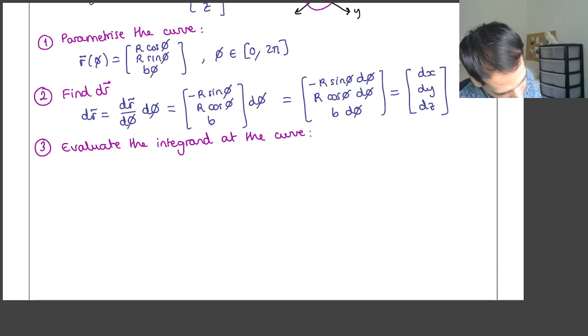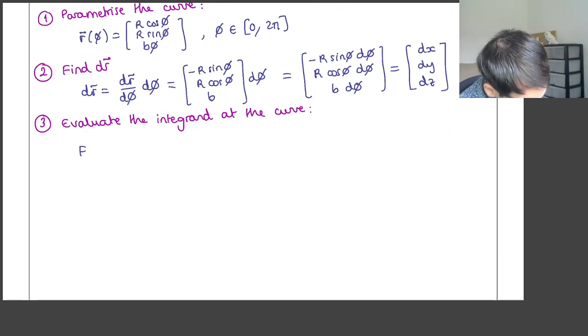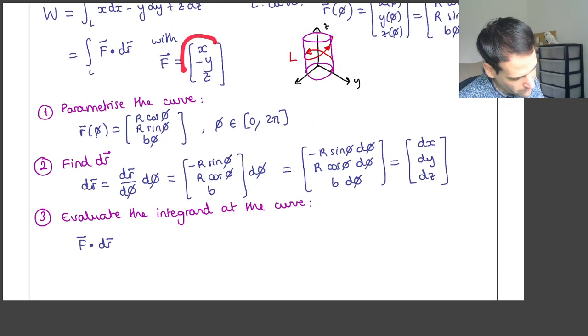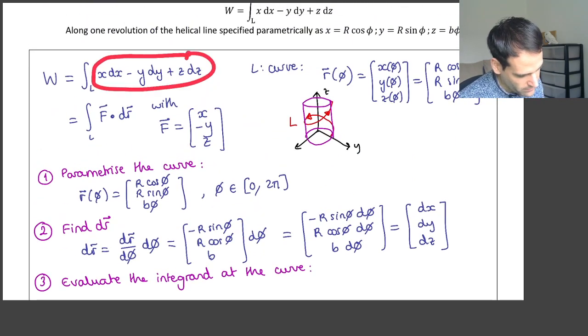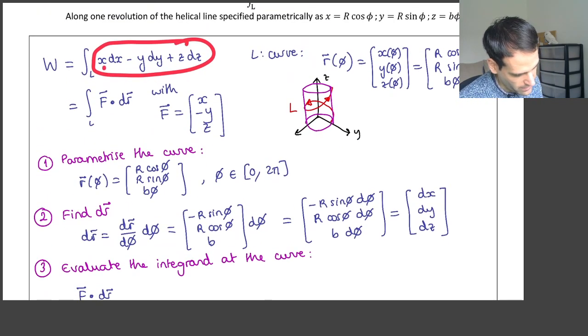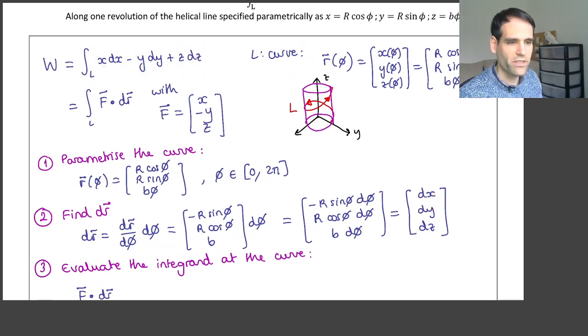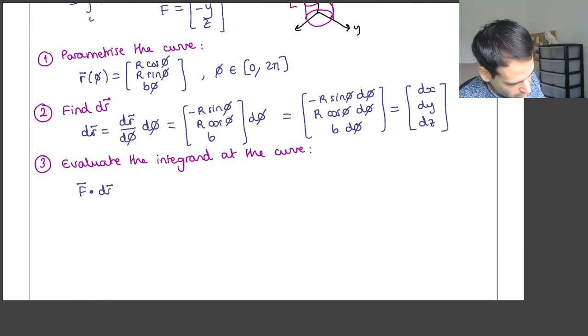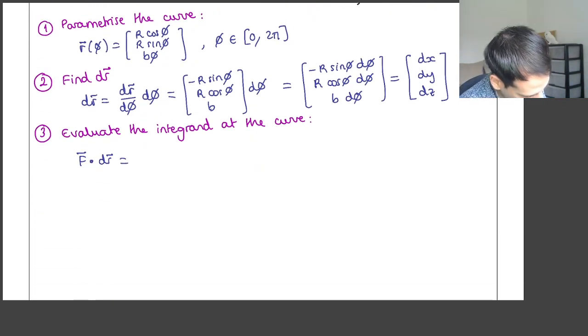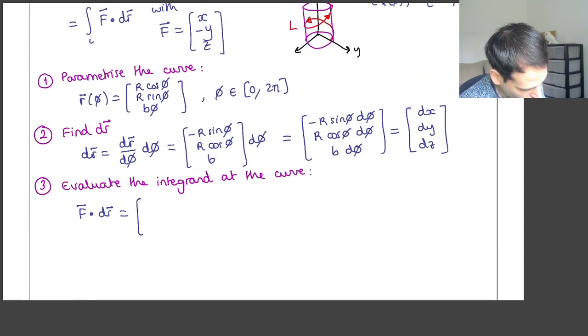So we have to evaluate f dot dr, which we could either write f and dr like this and do the dot product, or we just evaluate this, substituting x, y, and z, and also substituting dx, dy, dz, right? We can do it both ways, they will be the same thing. So let's do it in the usual way.